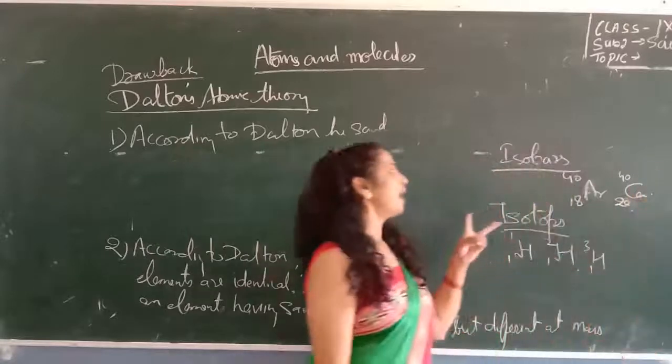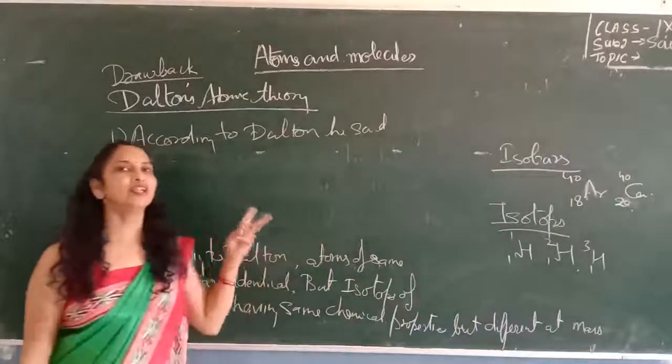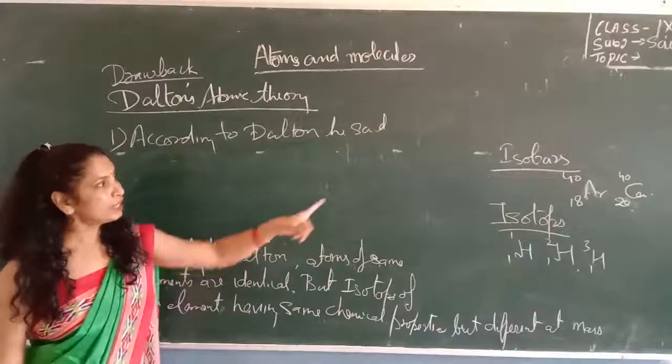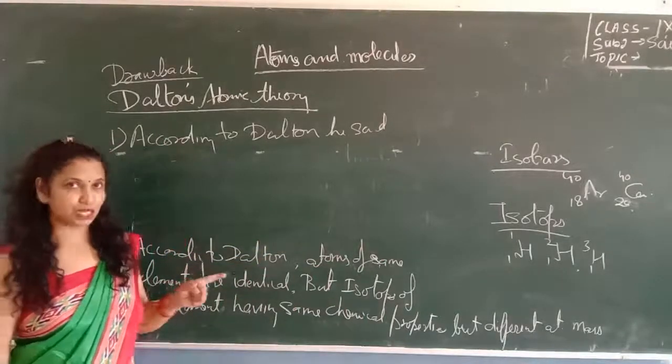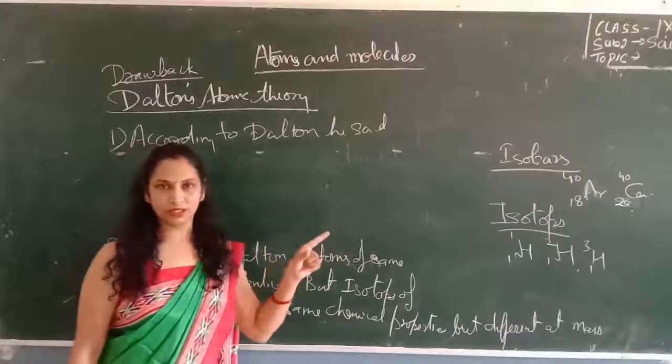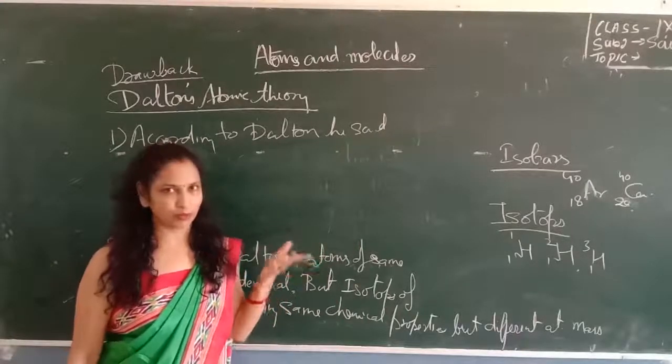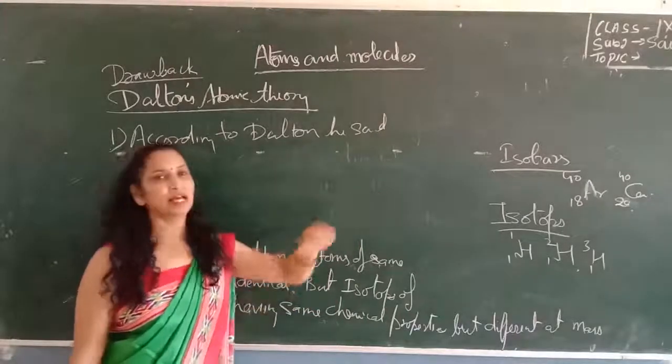It means both elements have different chemical properties, but their mass number is the same. These are called isobars.